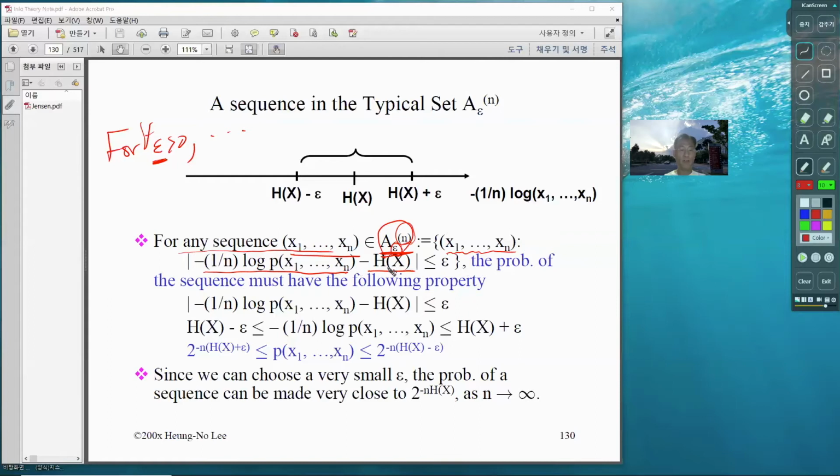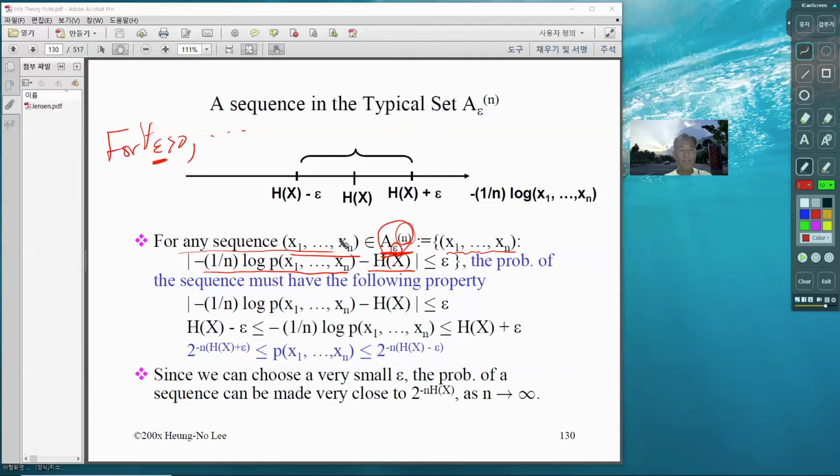So convergence here means that for fixed epsilon and n, this sample mean deviates from the expectation only by epsilon or smaller, okay. So that is the typical set of sequences x.